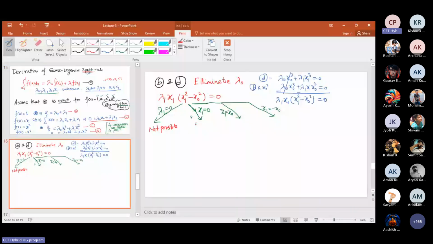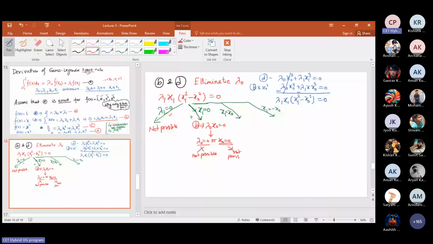Then from b we will get lambda 0 x0 equals to 0. इसका मतलब क्या हुआ, या तो lambda 0 0 है और x0 0 है. अगर lambda 0 0 है तो ये तो पॉसिबल नहीं है. सेम लॉजिक से जैसे lambda 1 0 नहीं था, और x0 अगर 0 है तो ये भी पॉसिबल नहीं है, नॉट पॉसिबल.